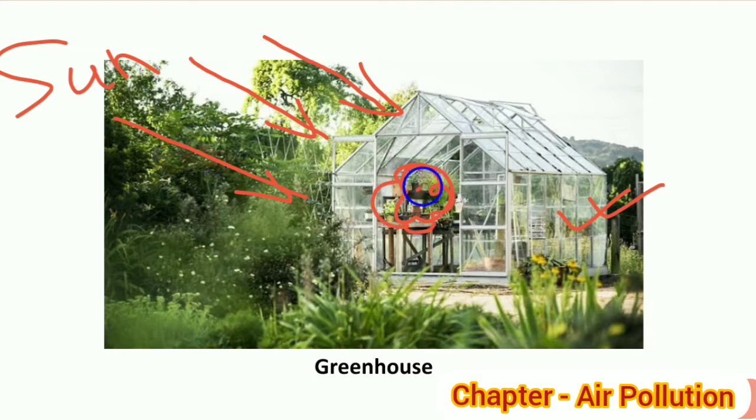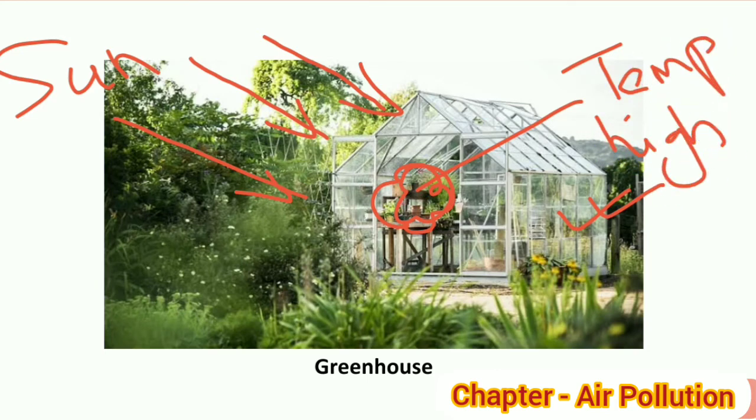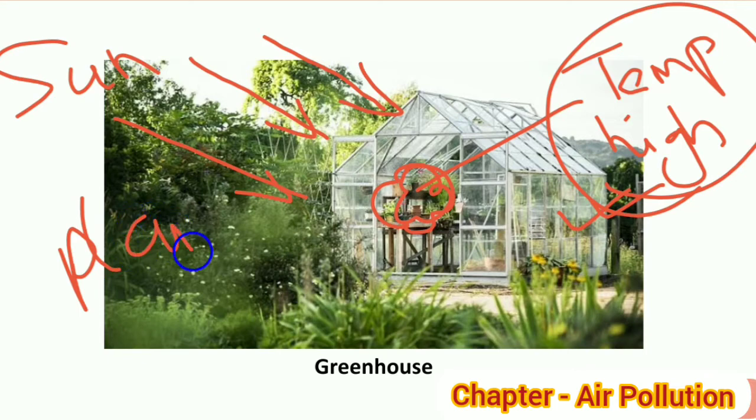So you will find that the temperature inside the greenhouse is quite high compared to the temperature outside. This high temperature makes it suitable for the plants to grow efficiently, and this is how a greenhouse is used for growing different kinds of plants.